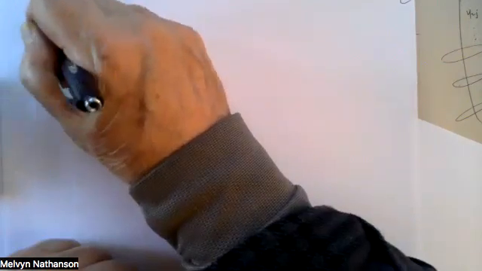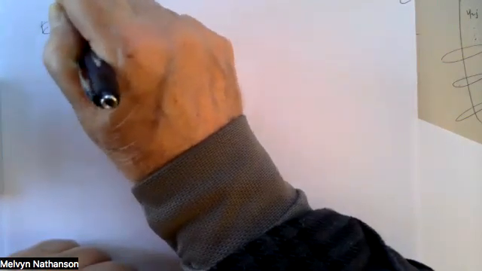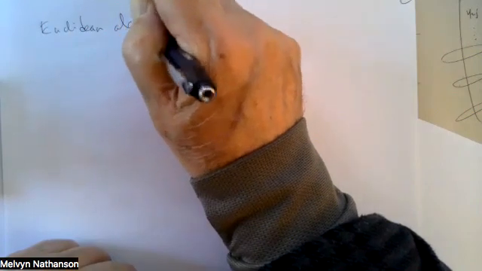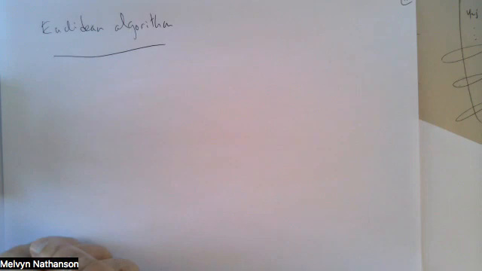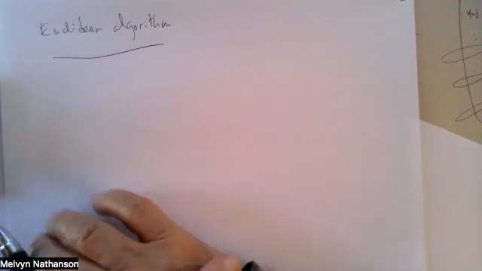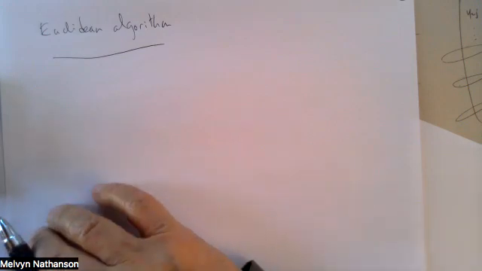And there is what is called the Euclidean algorithm. An algorithm is just another word for a computer program, a strategy, a method to calculate something where you don't have to think at all.